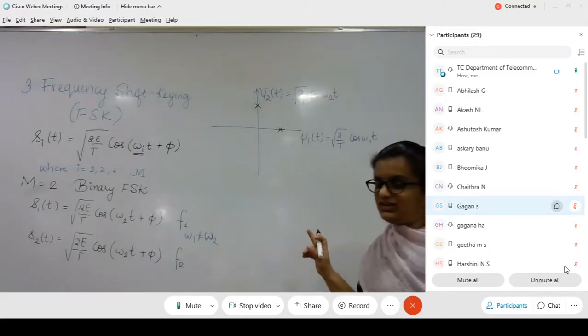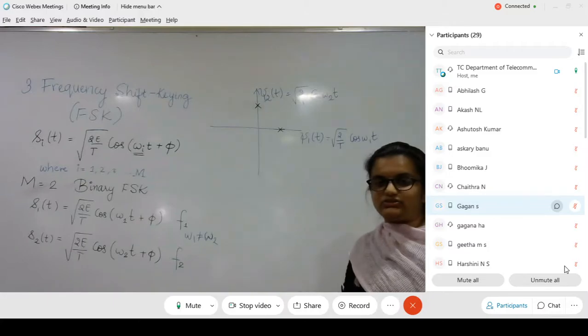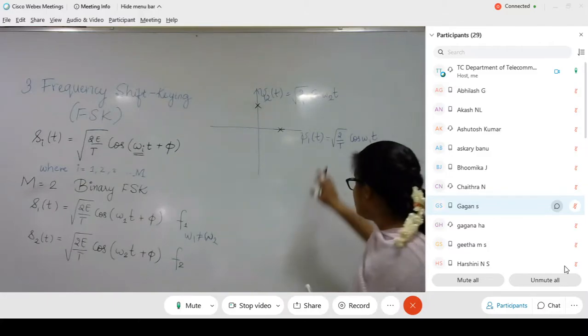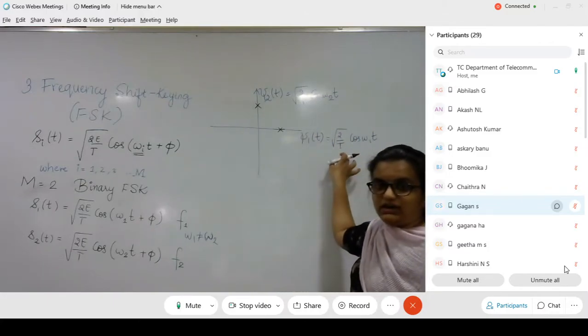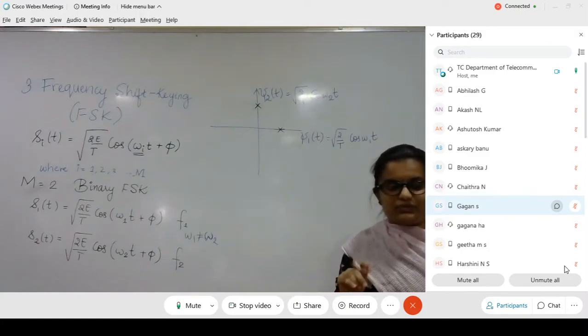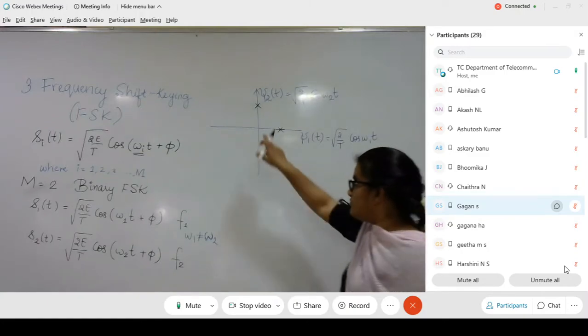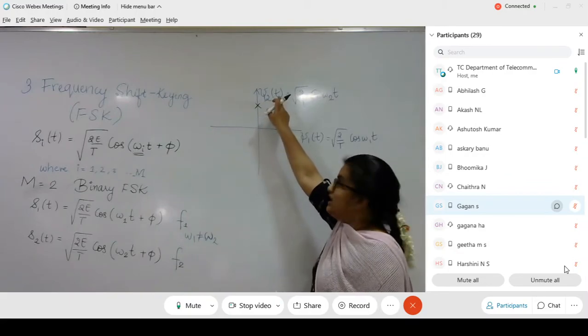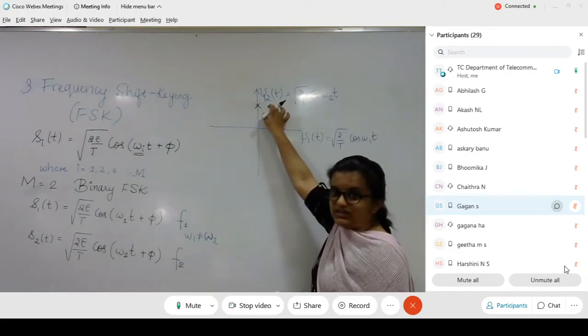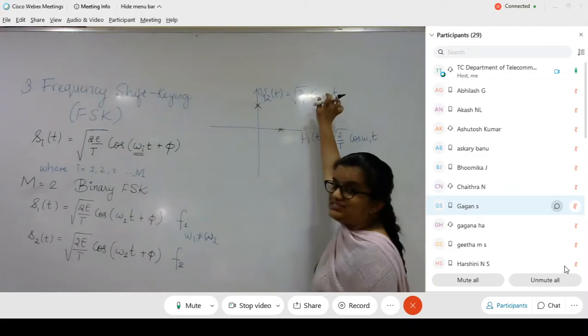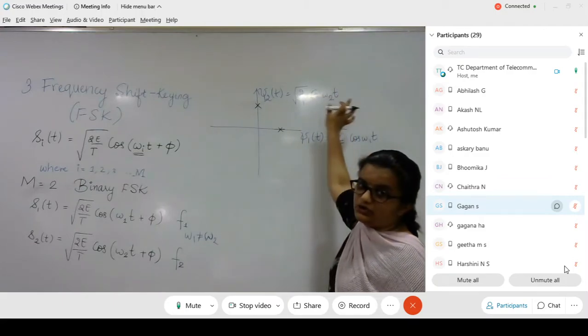Please observe carefully, this is not PSK, this is not even ASK. There are two different things. In PSK, if you remember, we had also plotted xi2 of t, but here we had sine omega naught t instead of cos omega 2t.